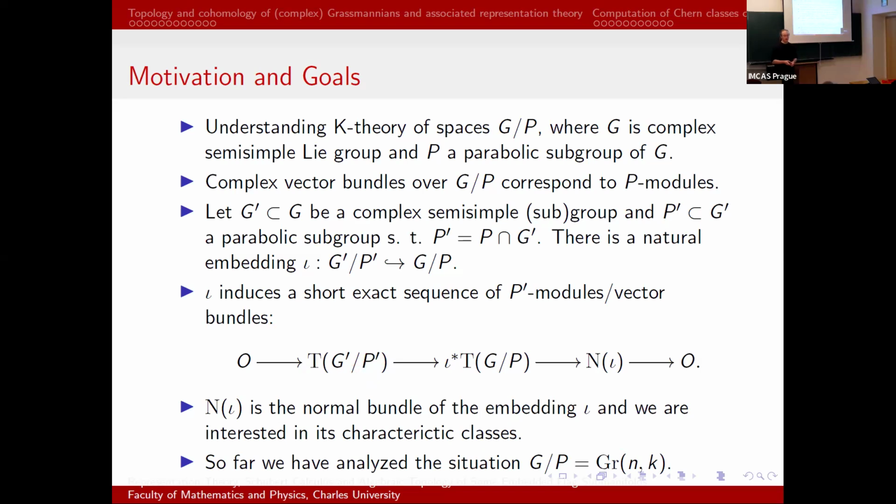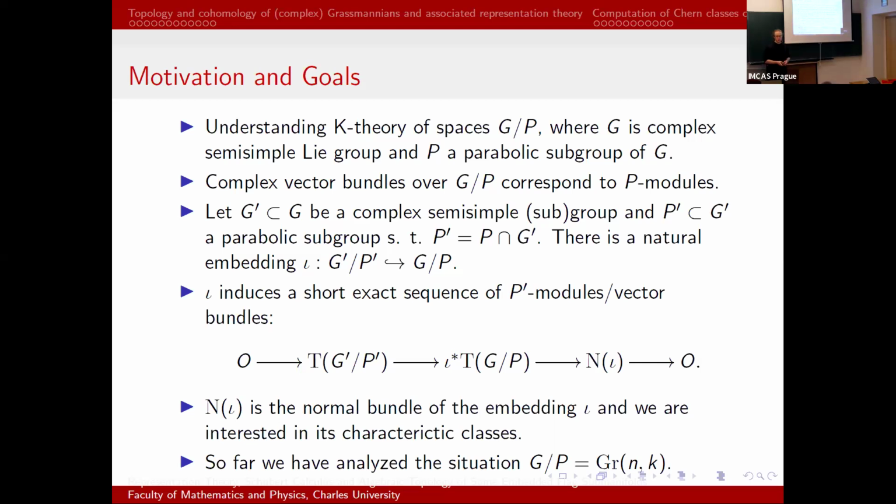We are interested in characteristic classes of the normal bundle of iota. We hope it could reveal some interesting information about the K-theory of the homogeneous spaces G'/P' as well as G/P, and maybe also about the induced map iota star in K-theory.